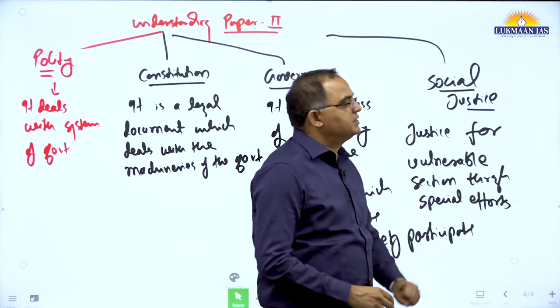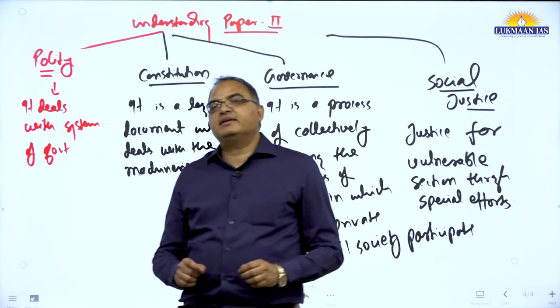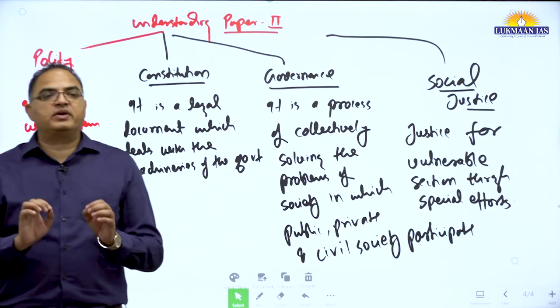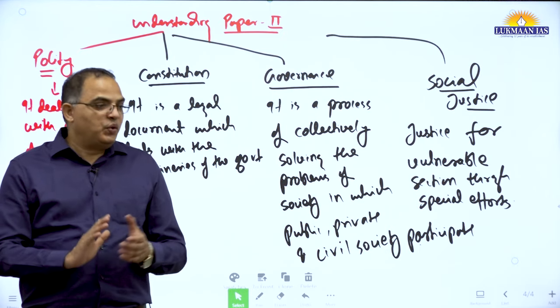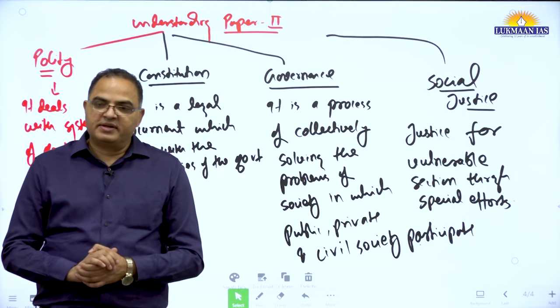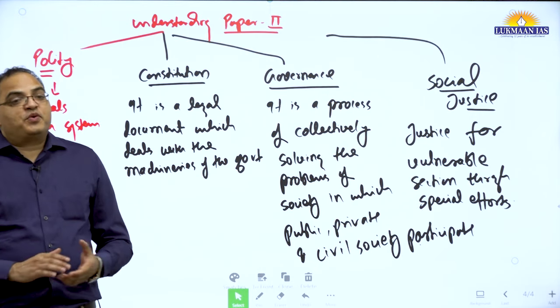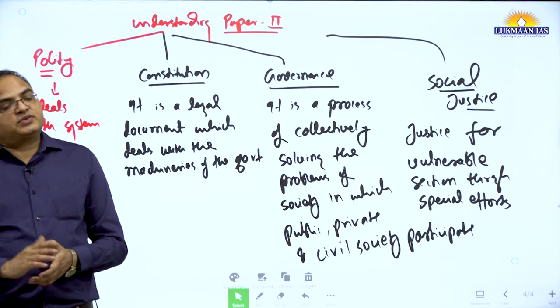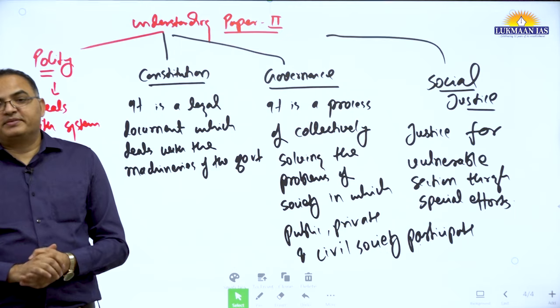Then social justice, when we say that, it is aimed at those who are vulnerable sections of society, weaker sections of society. Why do we have so much focus on weaker sections? Because society has remained like that.